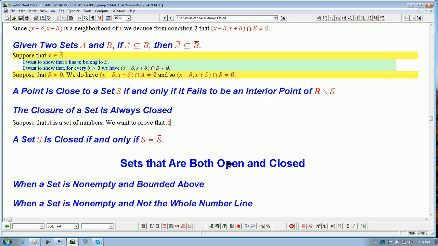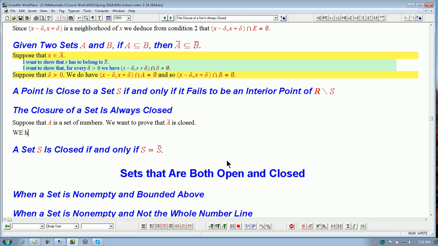Okay. Suppose that A is a set of numbers. We want to prove that A bar is closed. Do you understand? Now, we have seen that a number is close to a set exactly when it's not an interior point of the complement.